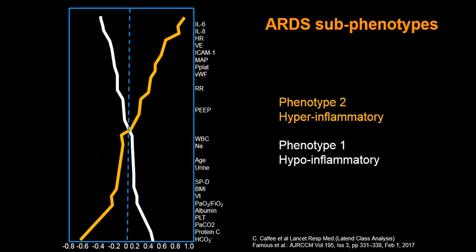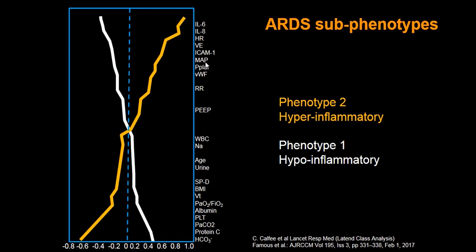Now, do you remember I showed you all those molecules in the previous slides? And I think this is a very interesting series of papers where they show that there are ARDS subphenotypes, or you can call them endotypes. I've redrawn this picture, I think it might be a little bit clearer, but you will tell me. You can see on your right-hand side here on the y-axis things like interleukins.